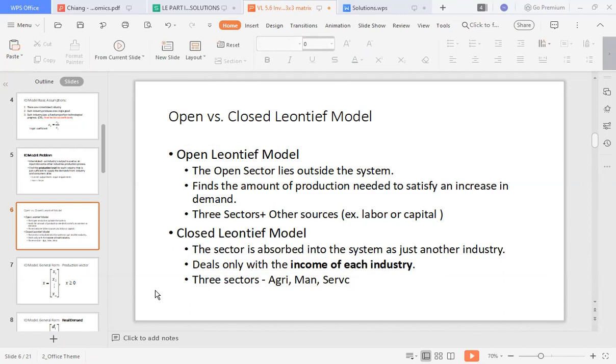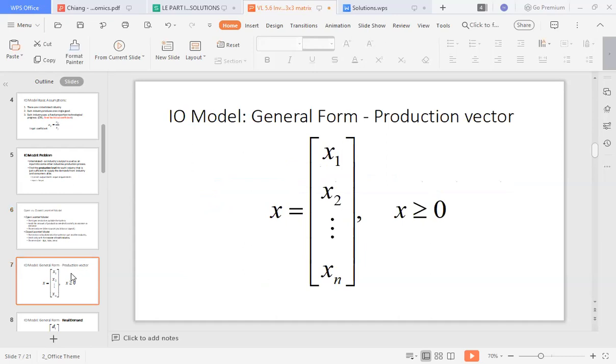Okay, now let's also discuss the general form when dealing with an IO model. So in order to model such a system, we will first start by expressing all outputs and demand in a common form. These are terms that have already been implied to be physical quantities because we've divided them through by the appropriate price per unit.